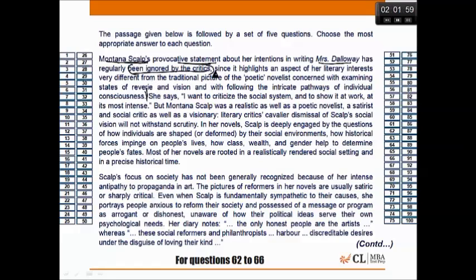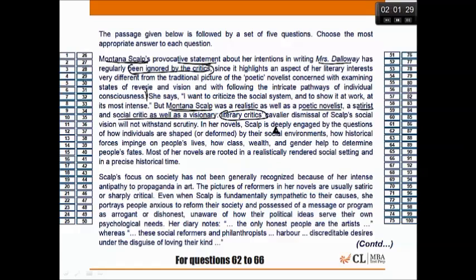Okay, let's see why. She says, I want to criticize the social system and to show it at work at its most intense. But Scalp was a realistic as well as a poetic novelist, a satirist and a social critic as well as a visionary. So the author likes her. He has got all positive things to say about her. Literary critics' cavalier dismissal of Scalp's social vision will not withstand scrutiny.